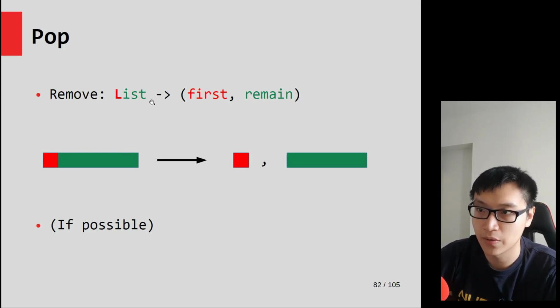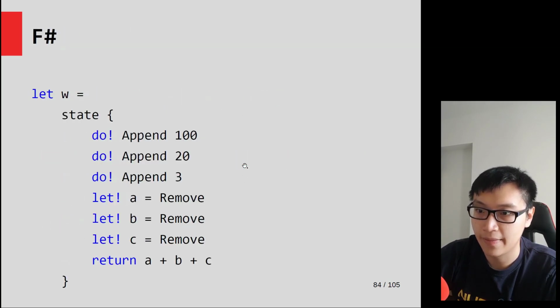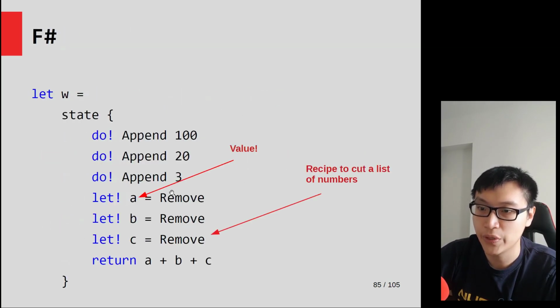This remove function returns two lists. I want the first element, and this expression treats it as if I can get a value out of a pure function. I can get a value A out of a pure function here. And that is a very higher level of thinking that I think is somewhat neat.